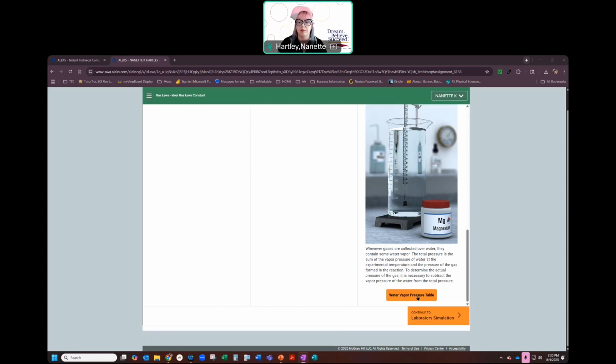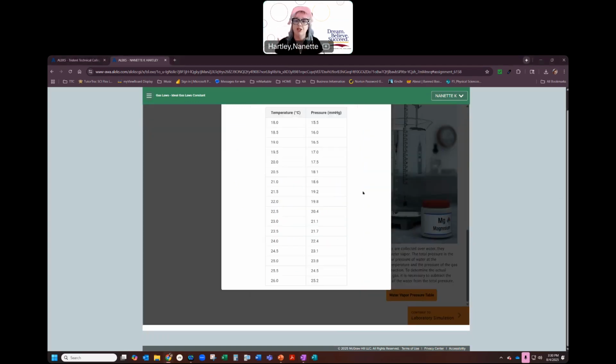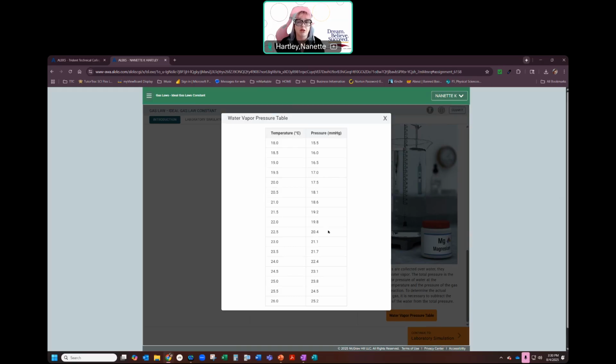And they show you the water vapor pressure table. This shows you at any given temperature the pressure in millimeters of mercury that the water vapor has. So we can look in this table to find out what that pressure is so that we can correct for that pressure. This is very useful to us.